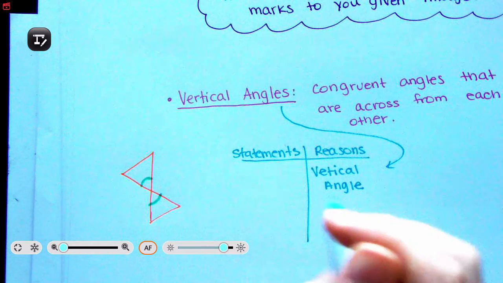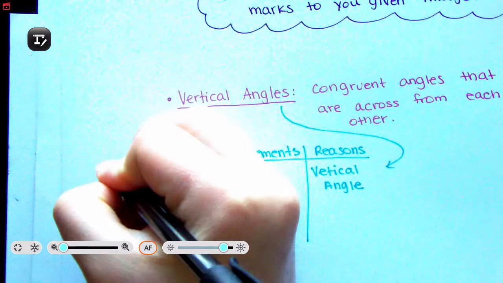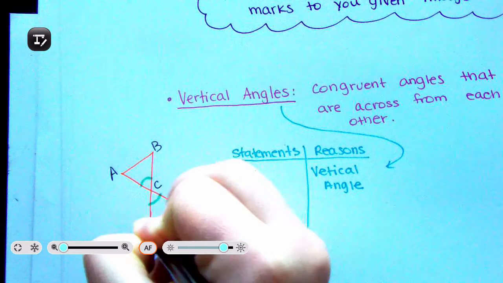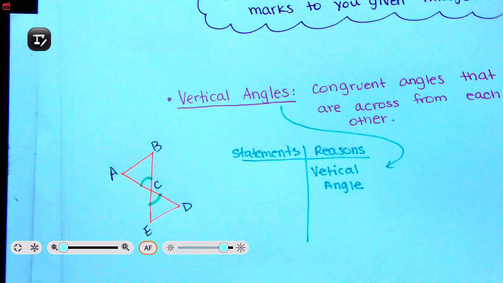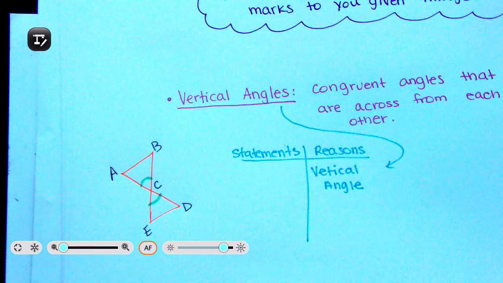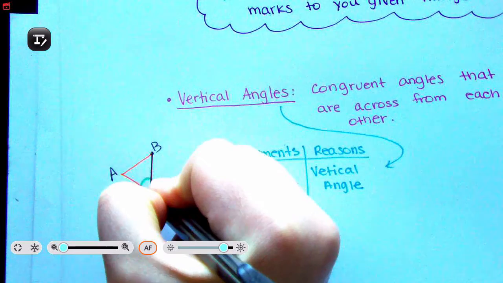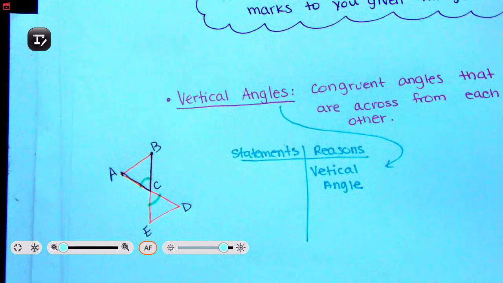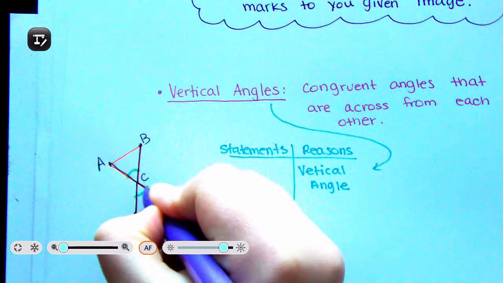So that means, and this is a little bit weird, because let's say we have the triangle that's called A, B, C, D, E, C. You cannot say that C is congruent to C because that's just weird. So you're going to actually have to label your angle. So start with one triangle and then go to the other triangle.